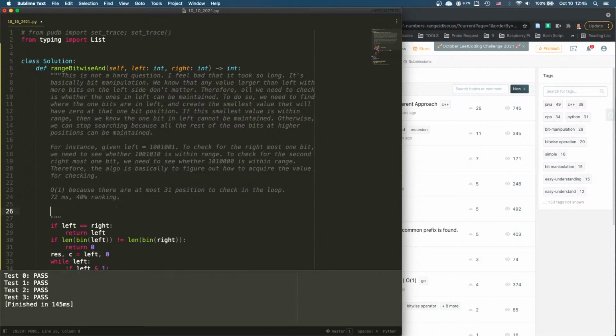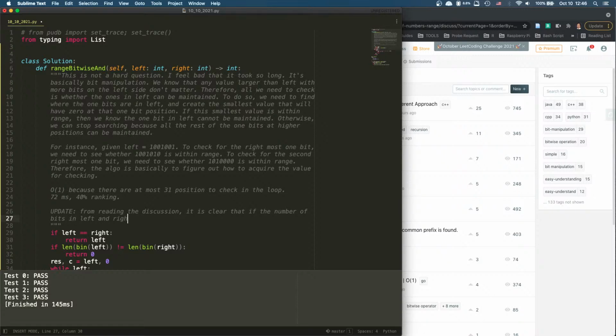So update. From reading the discussion, it is clear that if the number of bits in left and right are not the same, the result must be 0.